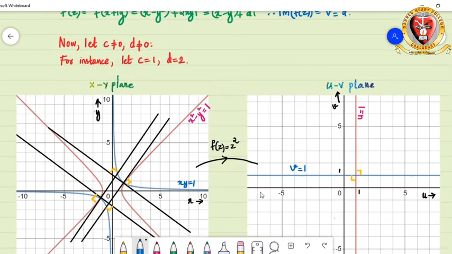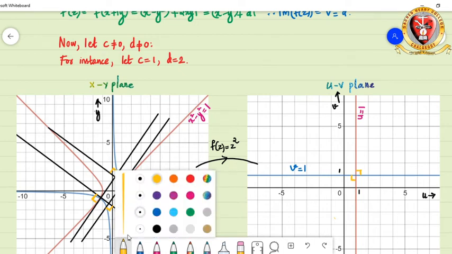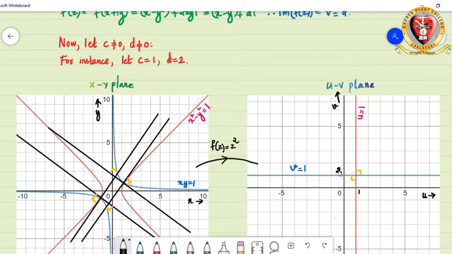So now instead of 1 here, that will be 2. Okay, so v is equal to d, that is v is equal to 2 is the image of the set of all points lying on the hyperbola 2xy is equal to 2. Okay, so that is the set of all images of the points coming from that hyperbola.